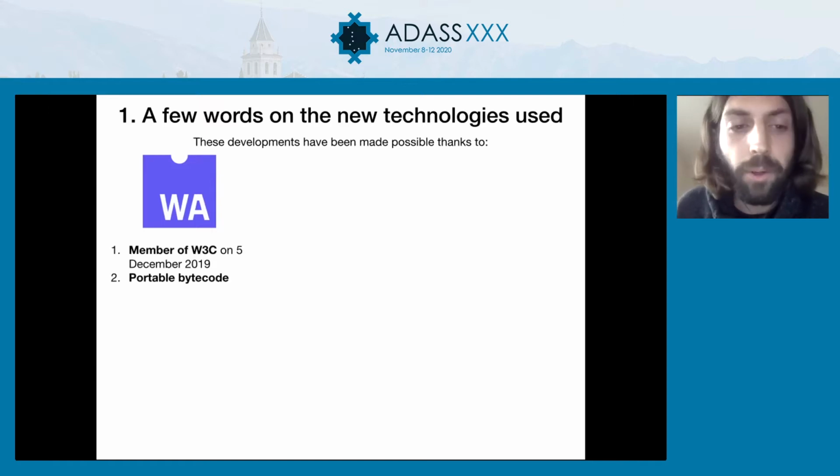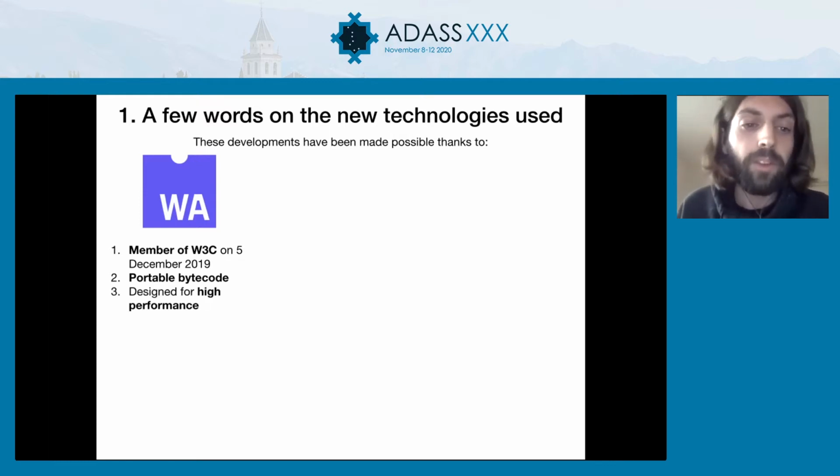It's a portable bytecode, a member of the World Wide Web Consortium since last year. It's designed for high performance applications. Usually you compile it from garbage collector free languages, such as C++ or Rust.